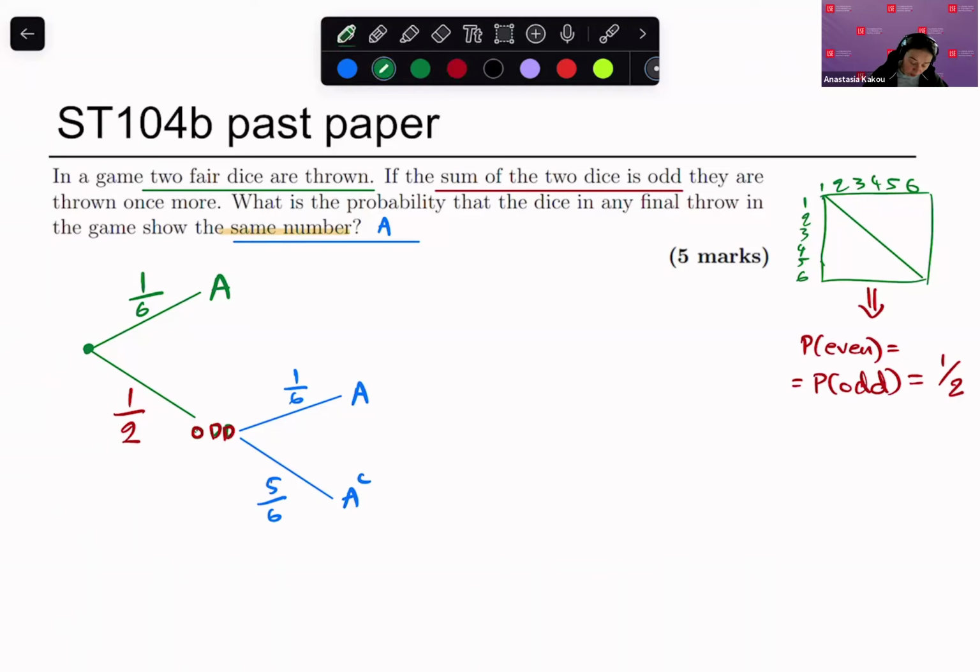So the question is, what's the probability that the two dice have the same number? We can break this down into the probability of A from the first throw plus the probability of A on the second throw.